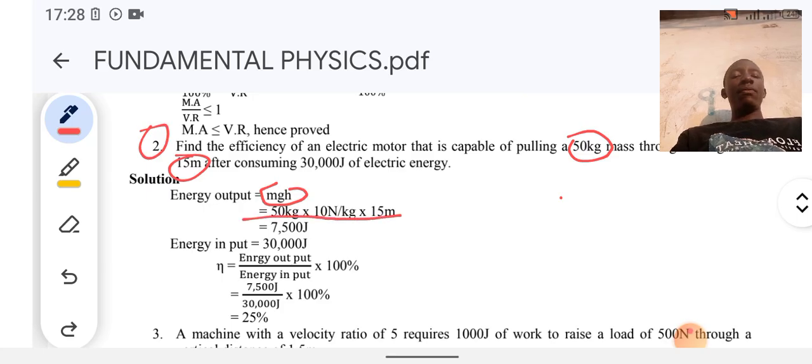So after finding those two data, you're going to use the formula for finding the efficiency, which is what? Energy output divided by energy input, of course multiplied by 100%.